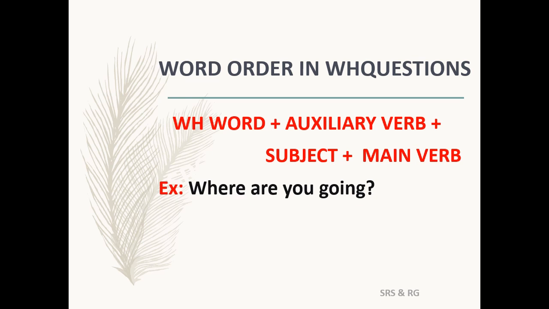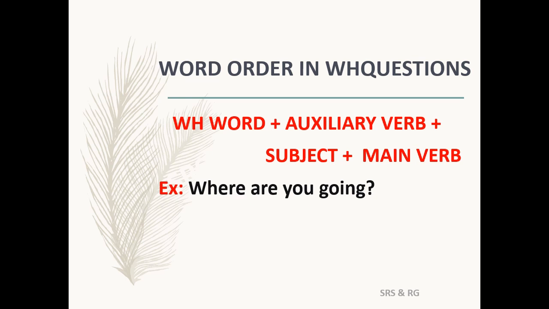Whenever we frame a WH question, the first word that comes is the WH word. Then the auxiliary verb, then the subject, then the main verb. That's why the structure of a WH question is WH word plus auxiliary verb, also called helping verb, plus subject plus main verb.